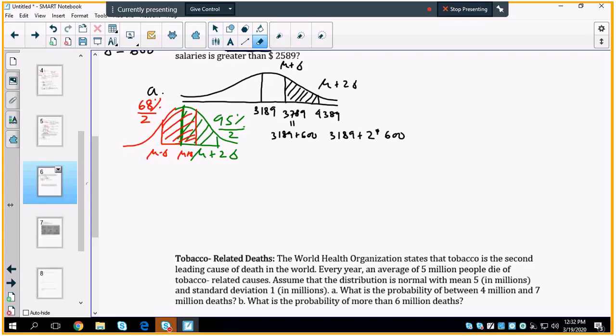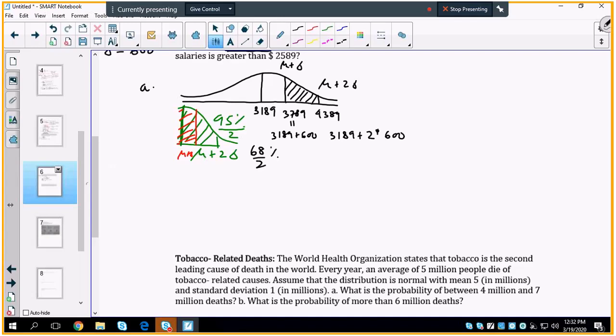So I do not want anything on this portion. So that is 68 over 2%. Then I said that I am only interested in from the red barrier mu plus sigma to the green barrier mu plus 2 sigma. So I don't even want this portion here.